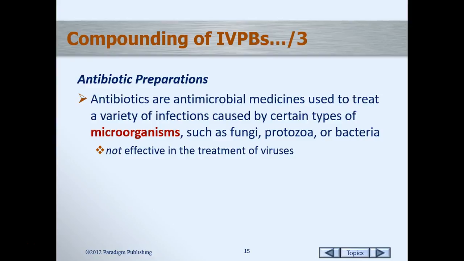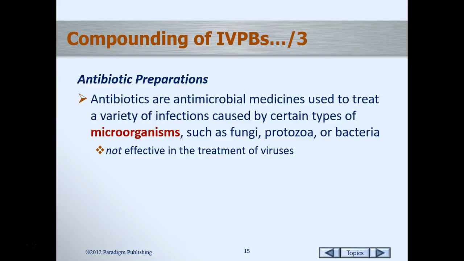Continuing on talking about compounding of antibiotics. Chapter 9 is primarily small volume parenterals, and we will be doing mostly reconstitution of antibiotics. So in compounding them, it's important to understand what the medication actually does.